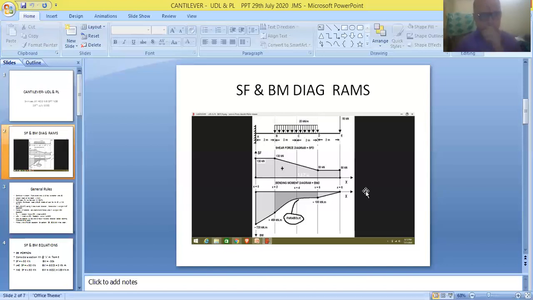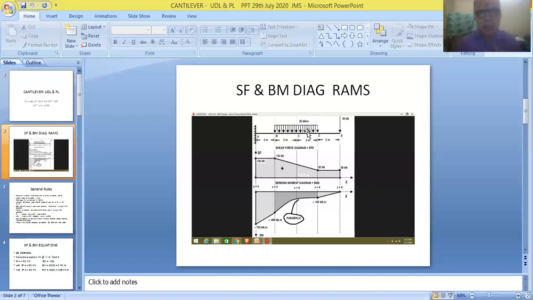As per the data given in the problem, capital W must be taken as 50 kilonewtons, and small w must be taken as 20 kilonewton per meter.